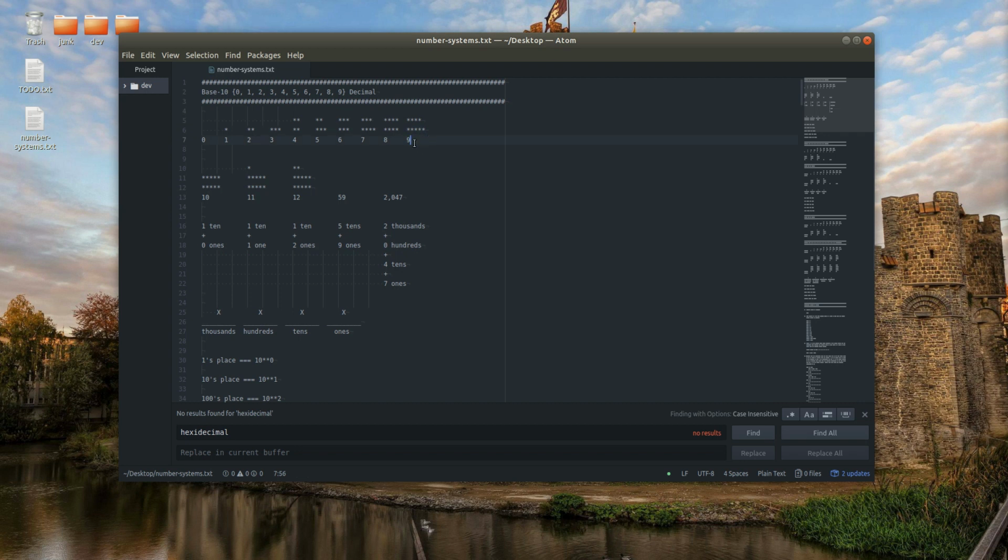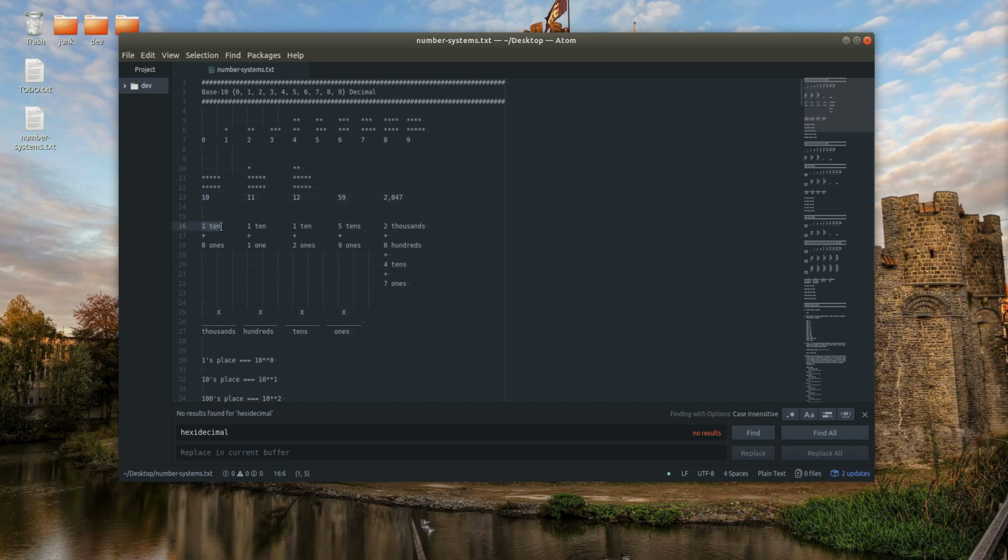What do we do when we get past 9? In the decimal system, we only have 10 symbols, so we start reusing them. We place a 1 in front and then start over in the ones place with a 0. So this 1 in front means 1 ten, and this 0 means 0 ones.